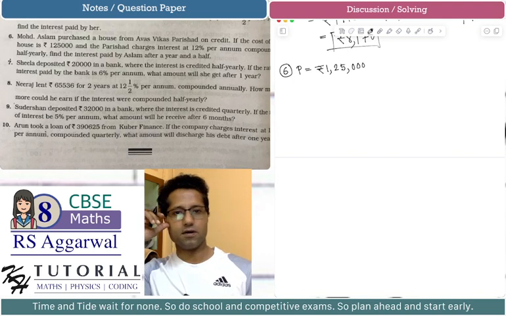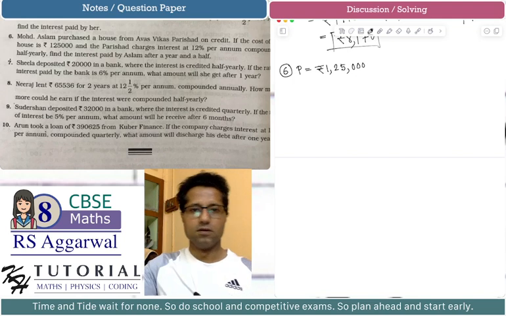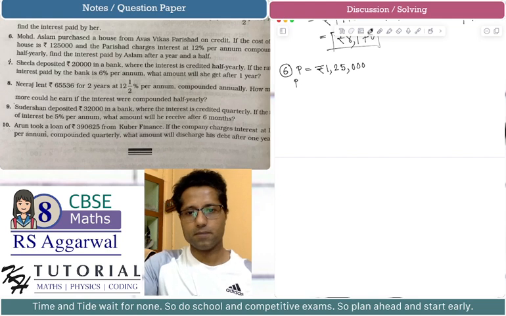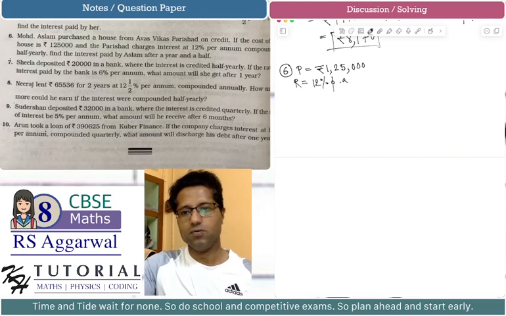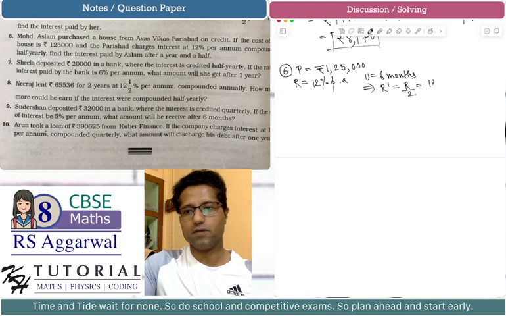So Muhammad Aslam is basically borrowing money from Vikas Parishad, and the Parishad is charging interest at 12% per annum, and the interest is being compounded half yearly, which means U is equal to 6 months. So if U is 6 months, we will have R dash equal to R by 2, which is equal to 12 by 2, which is equal to 6% per 6 months.